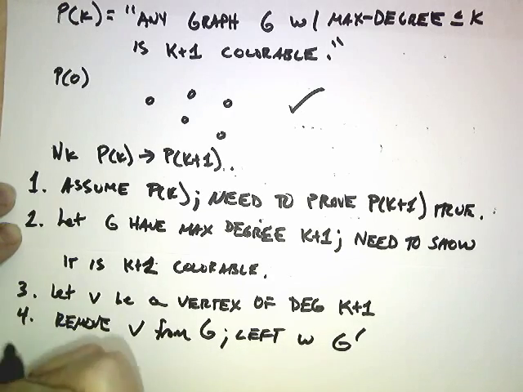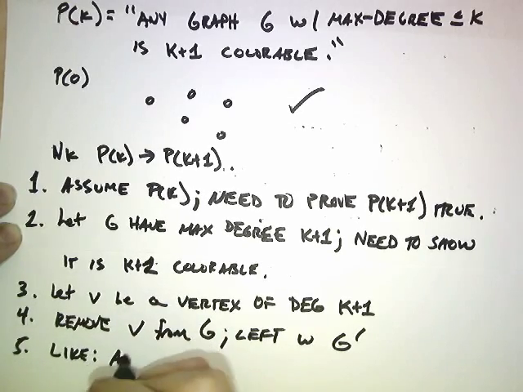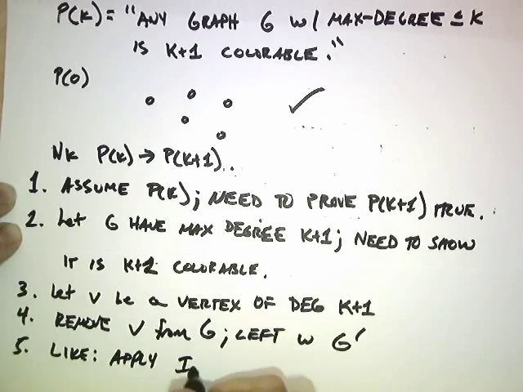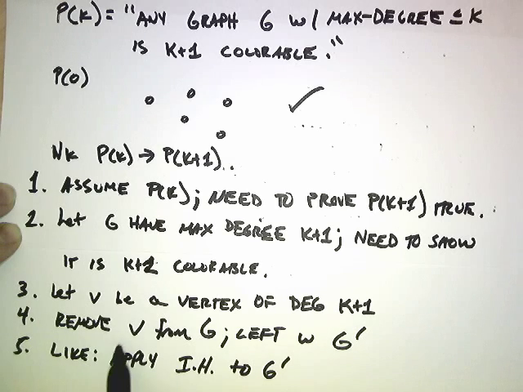And when you're left with G prime, what you'd like to do is to apply the inductive hypothesis to G prime. You'd like to say, okay, I've removed v from G. Now I have this graph G prime. Its maximum degree has gone down because I've removed v from it, and so now I can apply the inductive hypothesis to G prime. The problem is that even though you've removed v from G, there could be many vertices that have degree k plus 1.